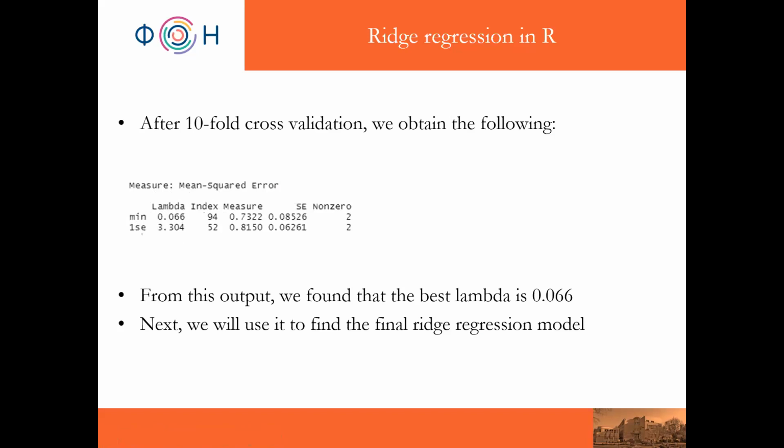So for that lambda, the bias and the variance are at a bliss point, and our mean squared error is the minimum. So now we know what our lambda is, and now we can make our final ridge regression model.